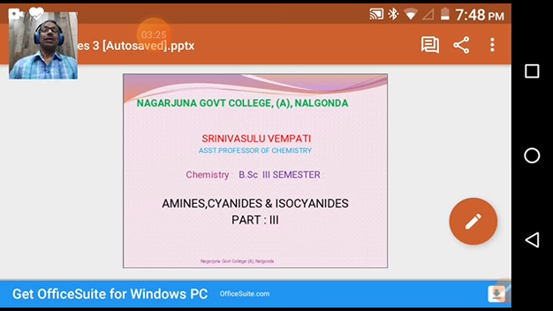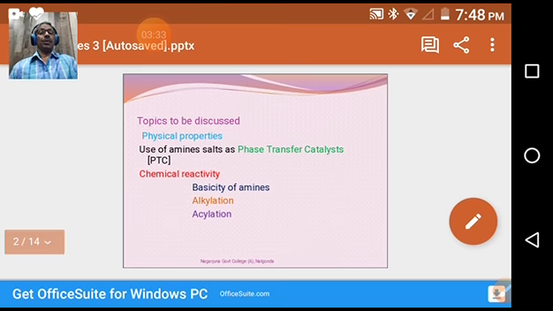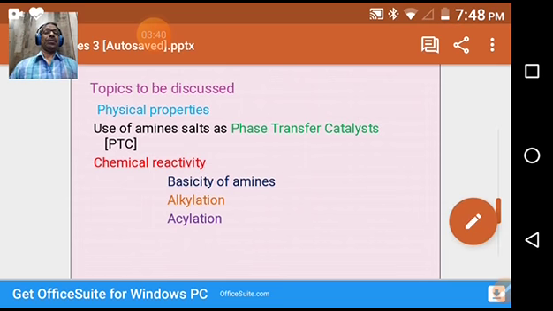This is for BSc second year, third semester students, amines part 3. In this class, what topics are we going to discuss? One is physical properties of amines. Second, use of amines, ammonium salts or amine salts as phase transfer catalysts.